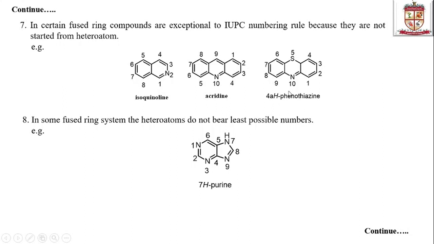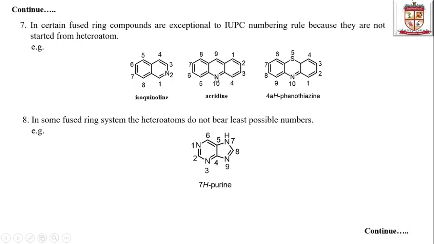The same case is in phenothiazine, but again the numbering starts from the lower carbon, or you can say the adjacent neighbor carbon of the nitrogen, and it bears the numbers 5 and 10 of the heteroatoms. That is, number 5 is given to the sulfur and number 10 is given to the nitrogen.